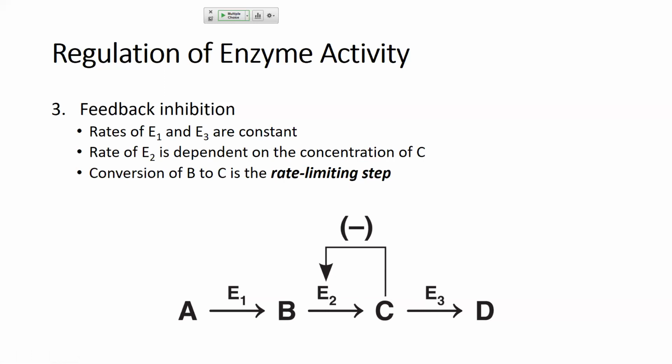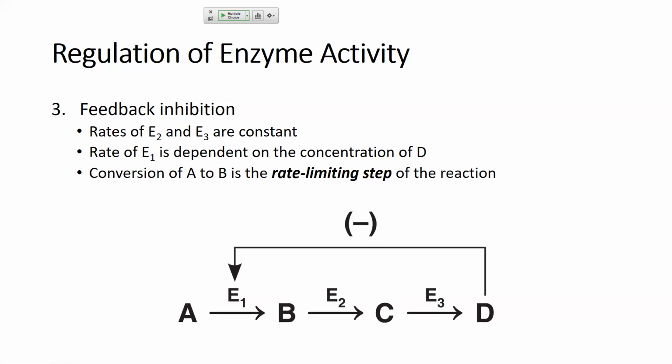All right, let's look at another example here, still feedback inhibition. In this scenario, we have, again, the same 4 substrates and 3 enzymes, but the concentration of product D is what is regulating enzyme 1.